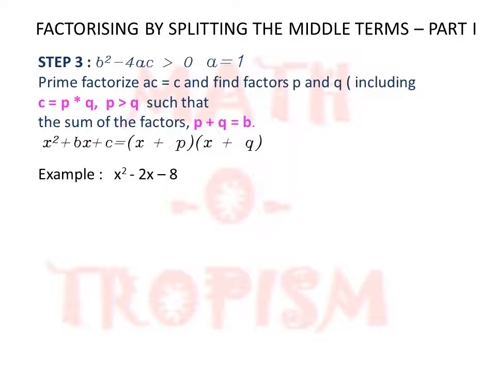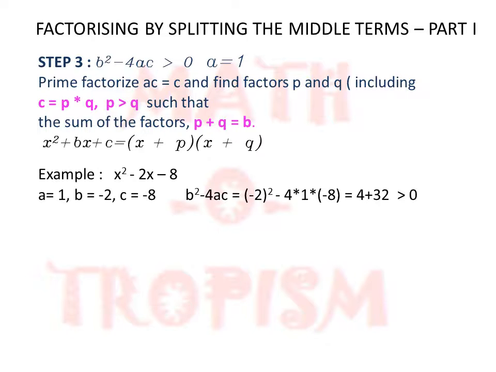Now let us see an example, x square minus 2x minus 8. Here a is 1, b is minus 2, c is equal to minus 8. So b square minus 4ac will come to minus 2 square minus 4 into 1 into minus 8. Minus 2 square becomes 4 and minus 4 into minus 8 becomes plus 32.